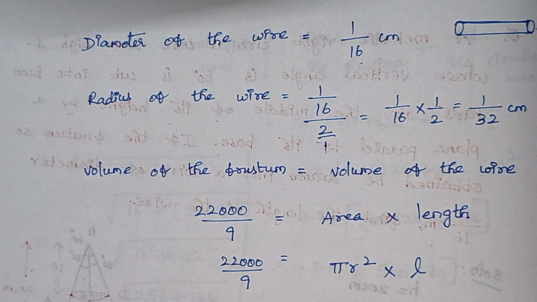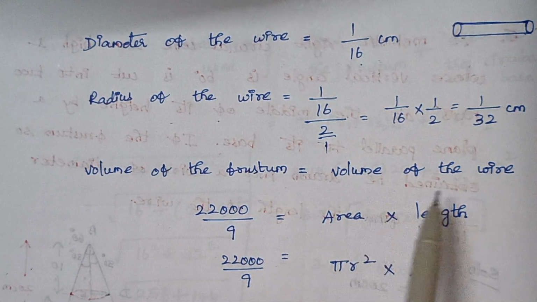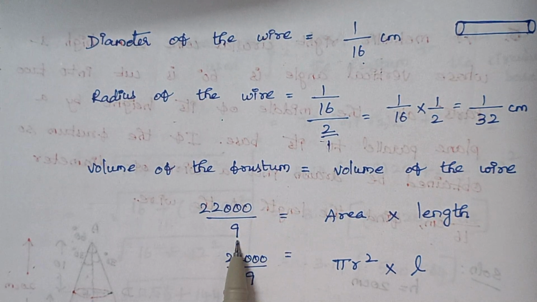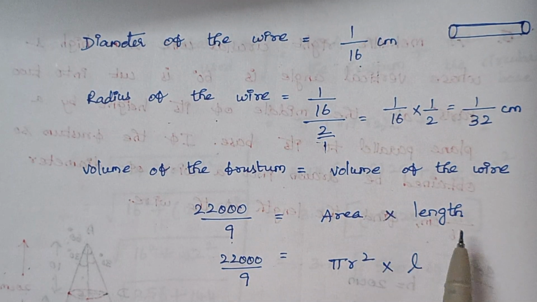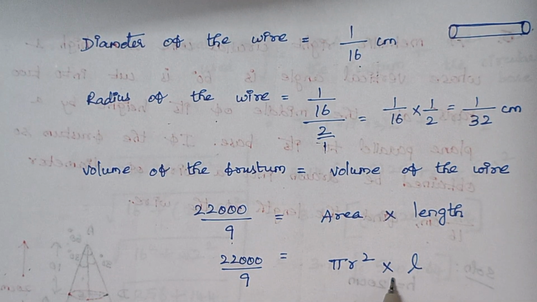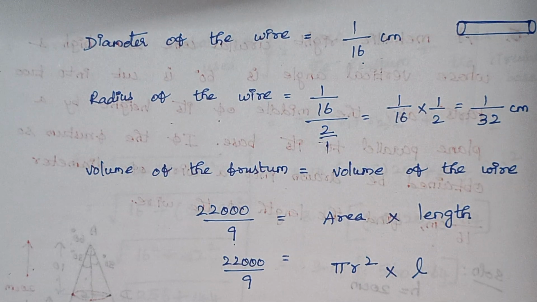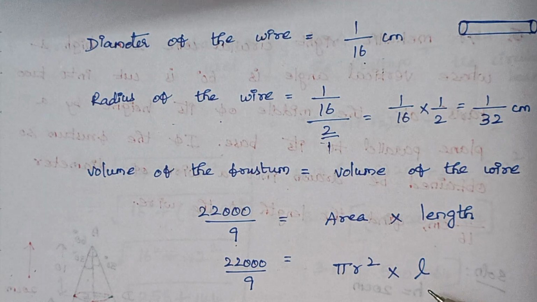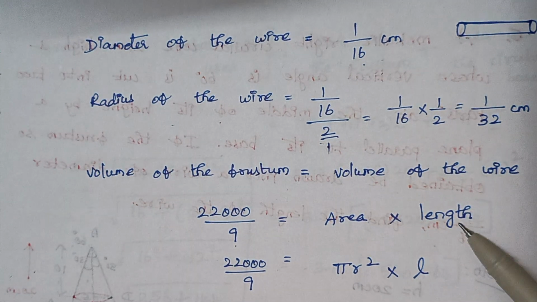Now the volume of the frustum of the cone is equal to the volume of the wire, which is nothing but volume of the cylinder. So here volume of the frustum, we know the value. Volume is nothing but pi r square into h. Instead of h, here it is L, because the unknown parameter is given as length, right?